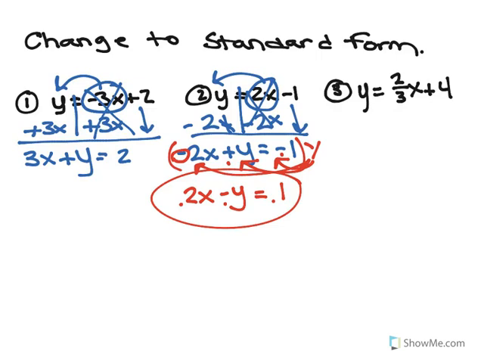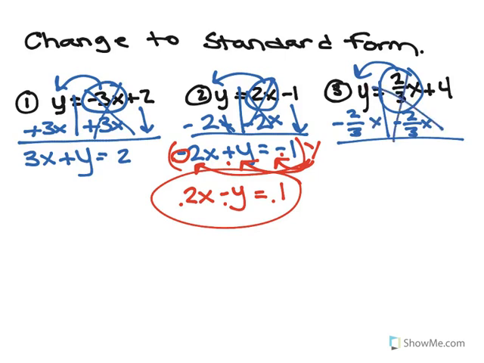All right, last one. We're going to move the x over with the y. We're going to subtract it because it is positive, so we do the opposite. So we're going to have negative 2/3x plus y equals 4. Our next step, we want to get rid of the fraction and we want to get rid of the negative.